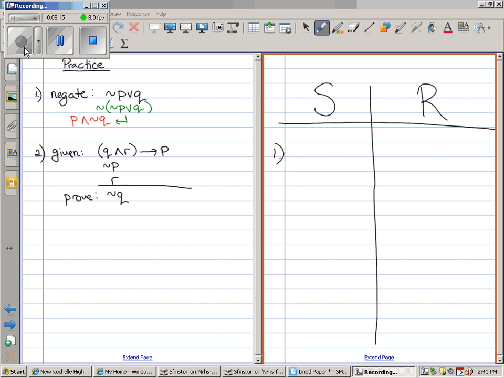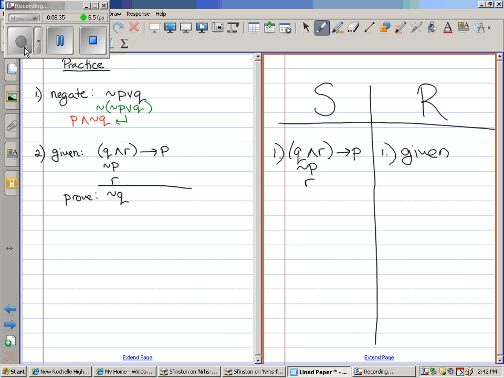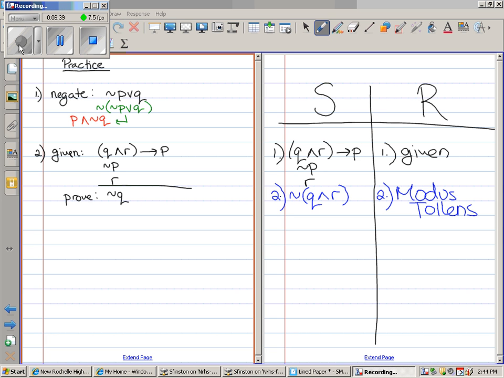Write down all the givens: Q and R, then P, not P, R. All this stuff is given. And then from here, we're going to have to strategize. So that first step, we're going to pull it off of there. It's going to be modus tollens.